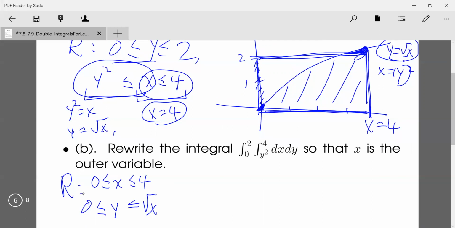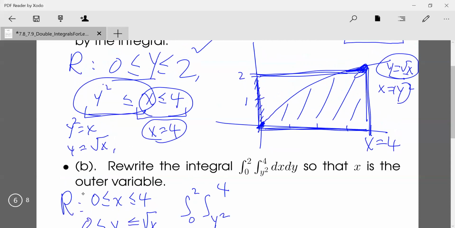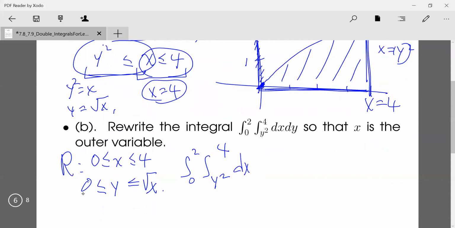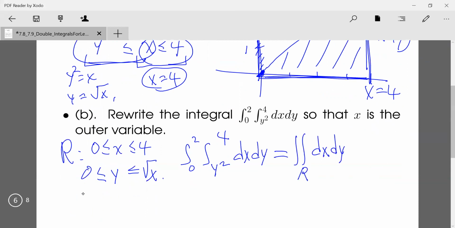So the same integral from 0 to 2, from y squared to 4, dx dy defines our double integral over R of dx dy. Okay, the integral here is 1. That's what we're given.